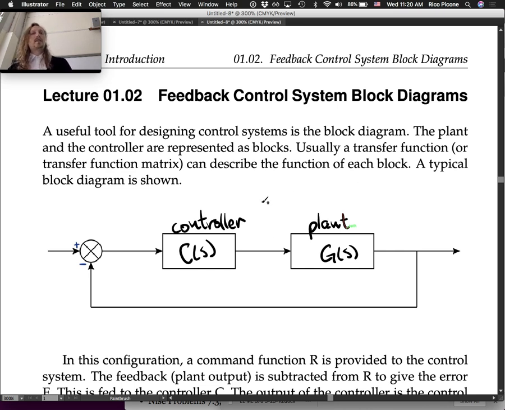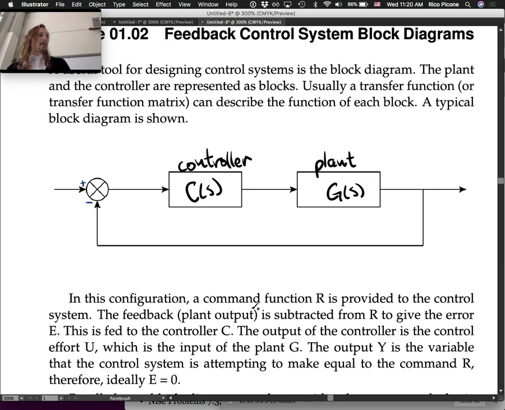A typical block diagram is shown. In this configuration, a command function R, so we're going to label this R, and this is what we're going to call our command, is provided to the control system.